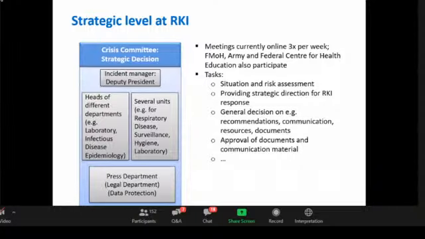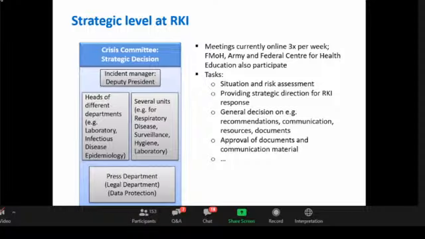Coming now to the 3 levels of the WHO framework, there's the strategic level, the operational level, and the tactical level. On the strategic level at the Robert Koch Institute, we've got currently our crisis committee. The incident manager of this crisis committee is a deputy president of the Robert Koch Institute.